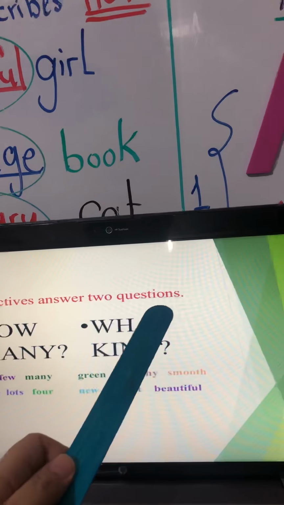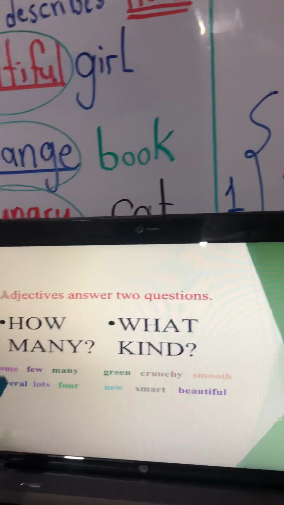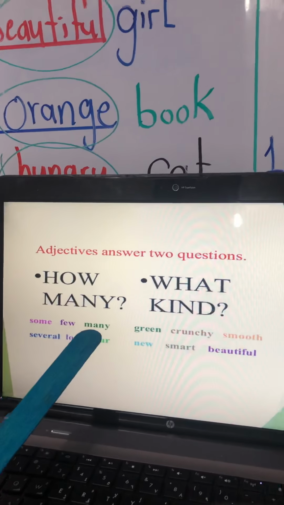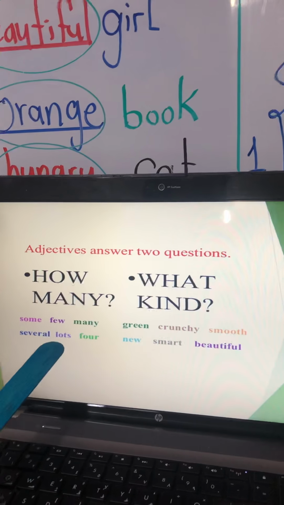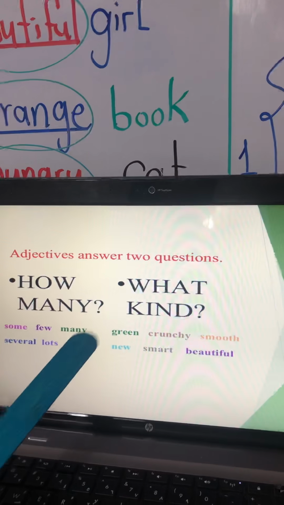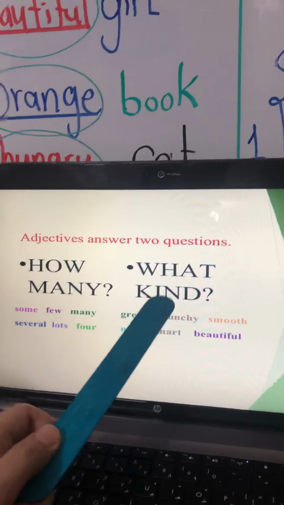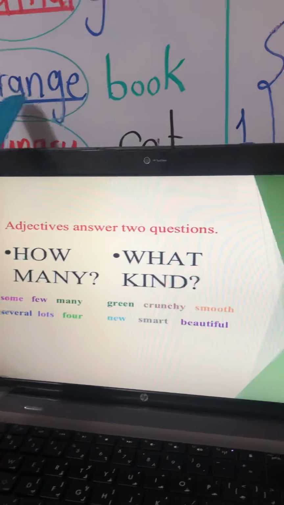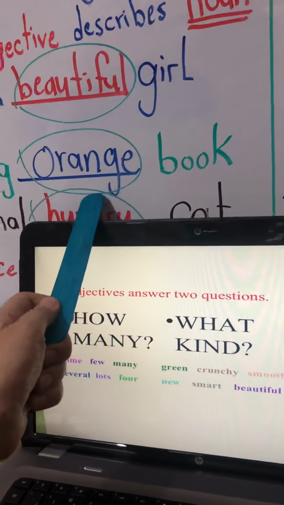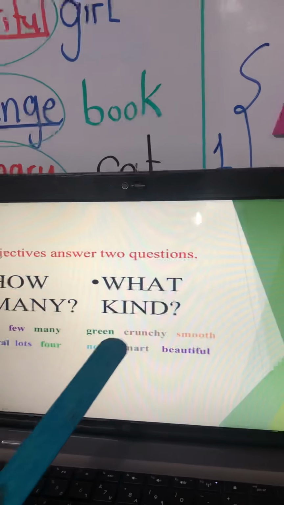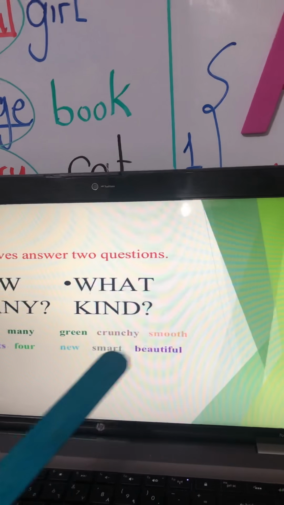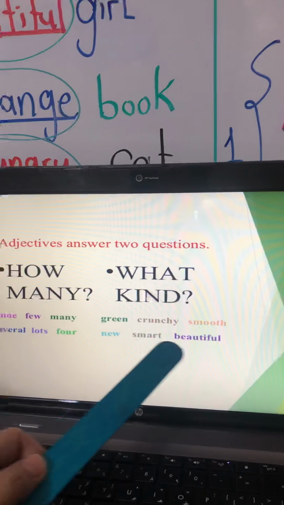Adjectives answer questions. How many, for example, like some, few, many, several, lots. Or what kind? I have an orange book. Green, crunchy, smooth, new, smart boy, beautiful girl.